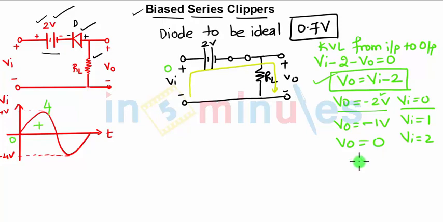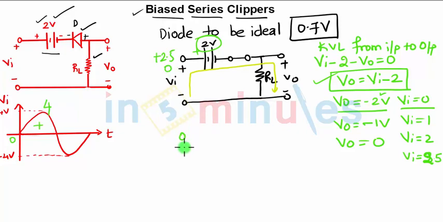Now when your input voltage increases above 2 volts, say for example 2.5, what will be the output? This 2.5, that is plus 2.5, is greater than plus 2 volts. So what will be the change in the circuit? This will be overcome by the supply voltage.